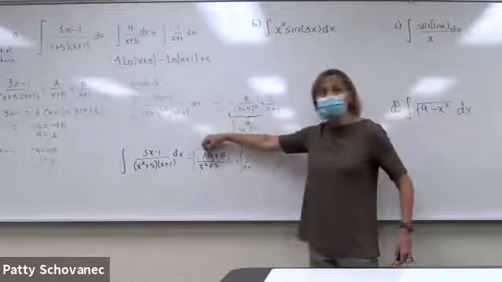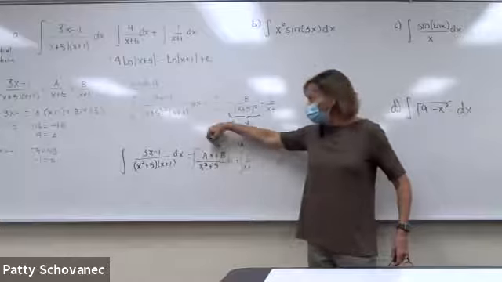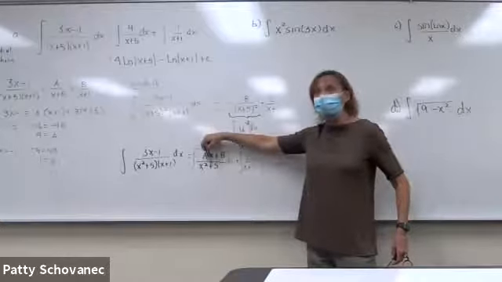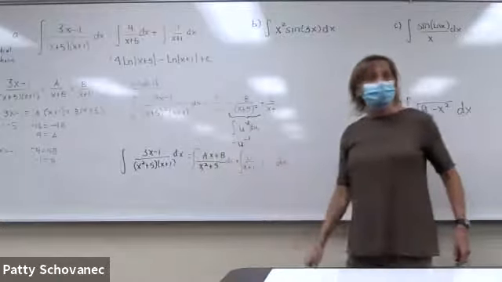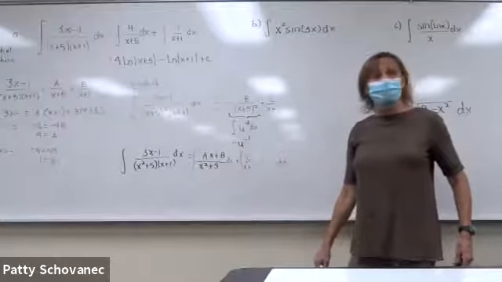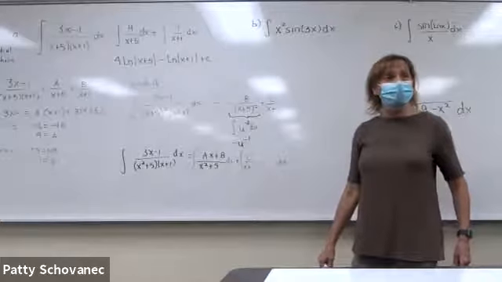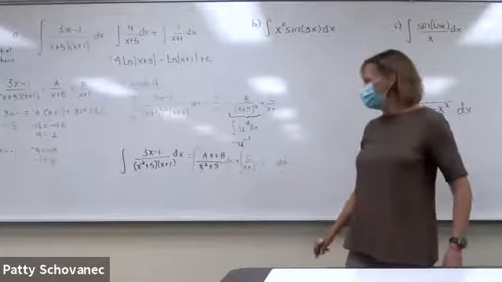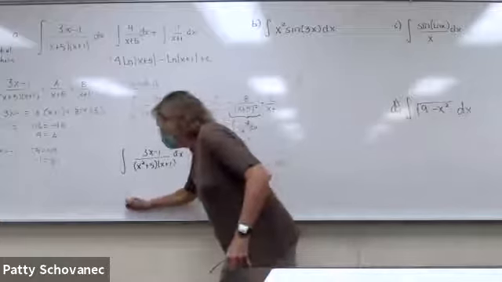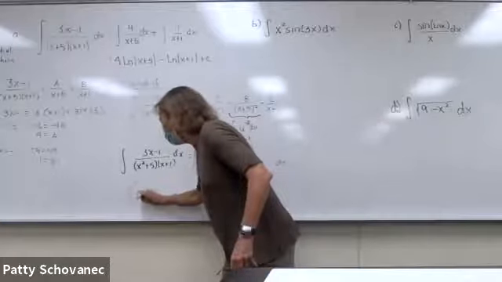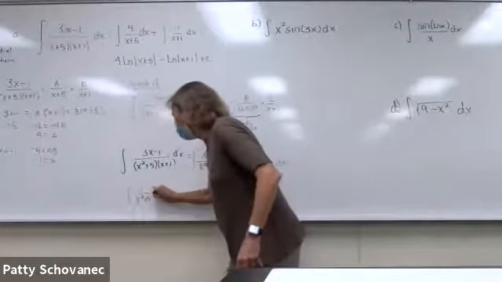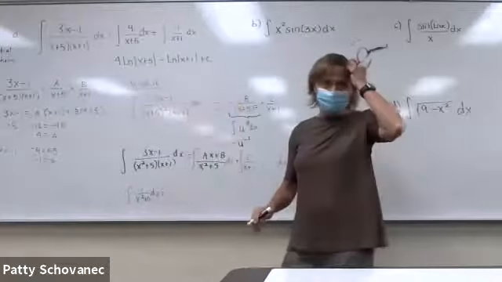What about a constant over x squared plus 5? What's the value of that integral? Just a constant over x squared plus 5. Remember, forgot that one? Suppose I just put a 1 up there. What is that integral?